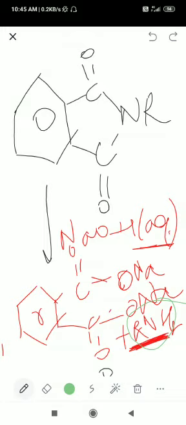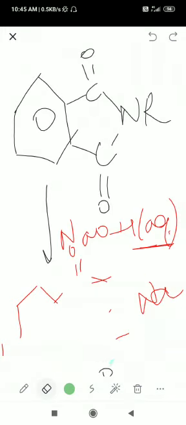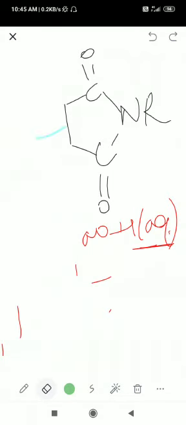1 degree amine. So now I will tell you all the important things about this reaction: the disadvantages, yield, advantages, and everything. The main thing is that it only helps to create 1 degree amine.